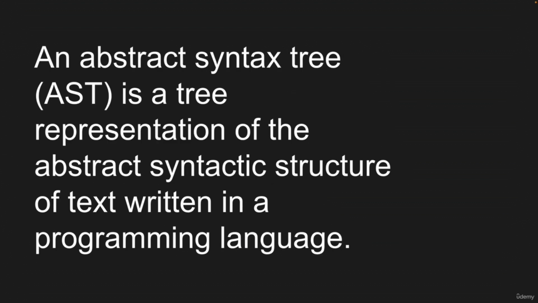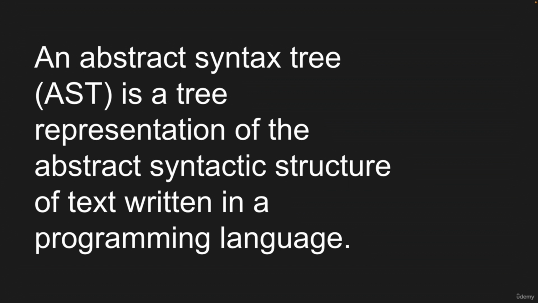There's also other types of tree data structures. One is an abstract syntax tree, shortened as AST, which is a tree representation of the abstract syntactic structure of text written in a programming language. In basic words, this is pretty much used for actual big programming languages like Python or C, C++.